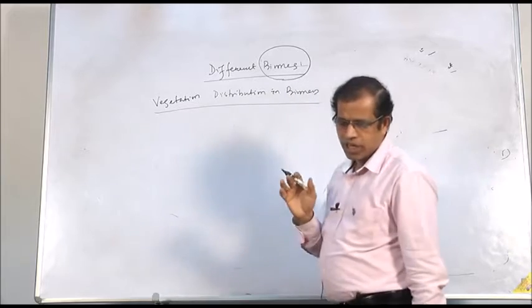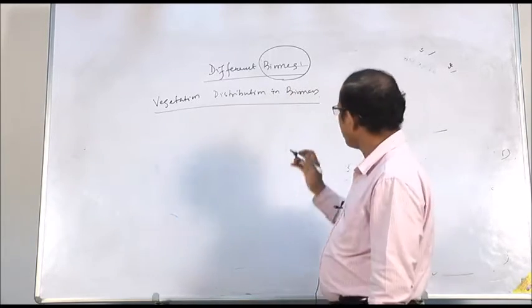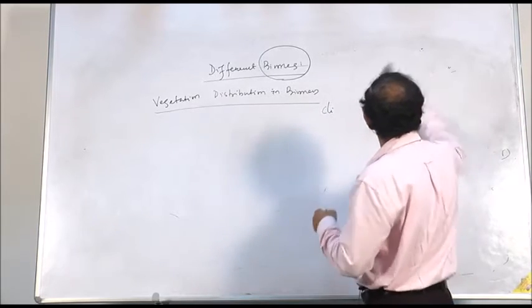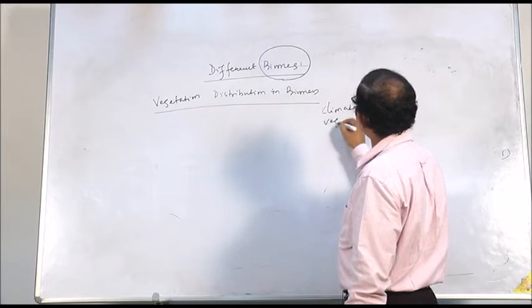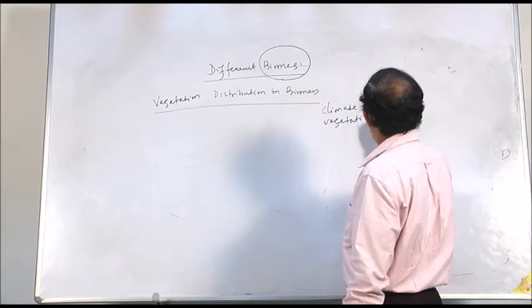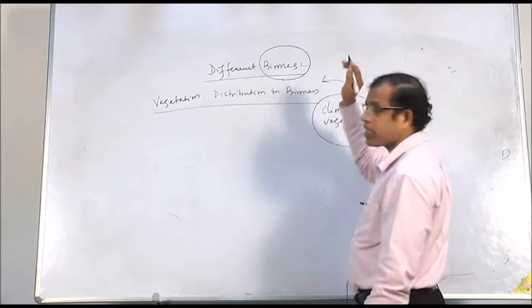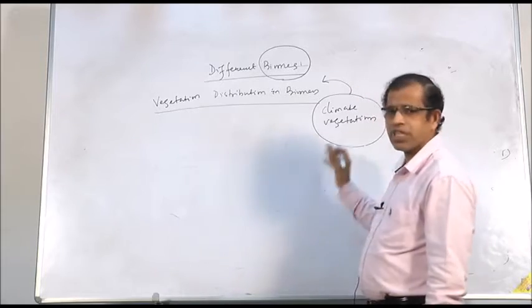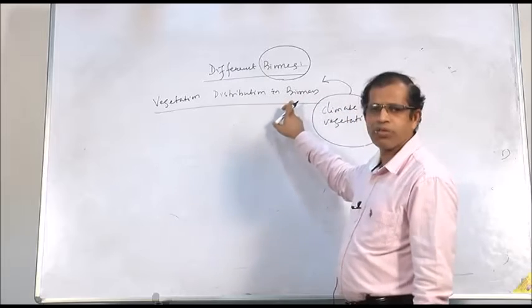Now, two things particularly determine your biomes: one is the climate, another is the vegetation. What type of climatic condition is there, and what type of vegetation results from that climate, will determine your biomes.